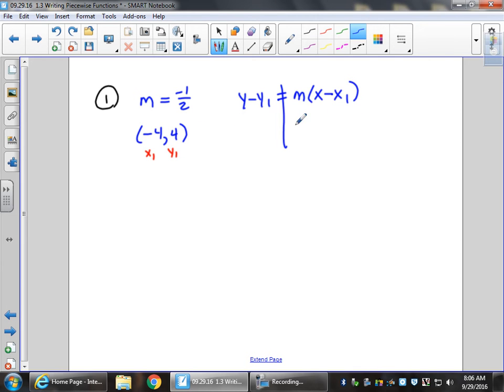What is this equation going to now become? Y, good. Minus 4 equals parenthesis x minus minus becomes plus. Yes, Jasmine?